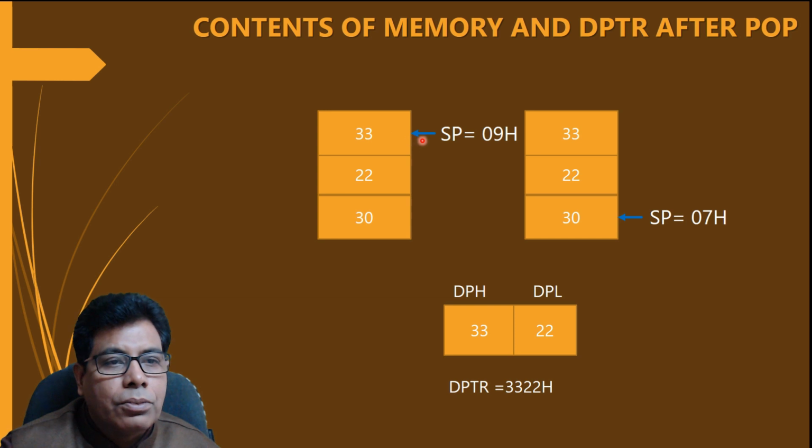First, when we give the instruction pop DPH, whatever is the content of the stack memory pointed by stack pointer 09, here it is 33, that will go to DPH.